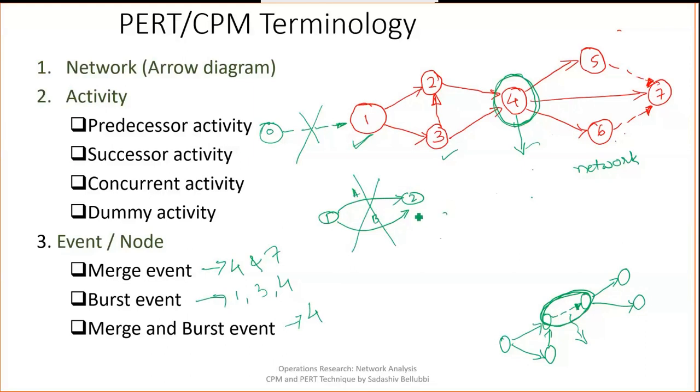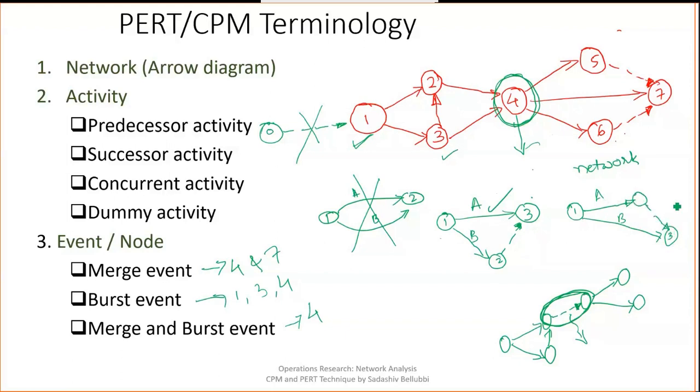Instead of drawing like that, we can draw node 1, activity A, and here we can draw B. From B we can show a dummy, a straight line, and write 3. It is okay. Also, if you don't want to draw the dummy for the B activity, you can show A and B, and show the dummy from here also.